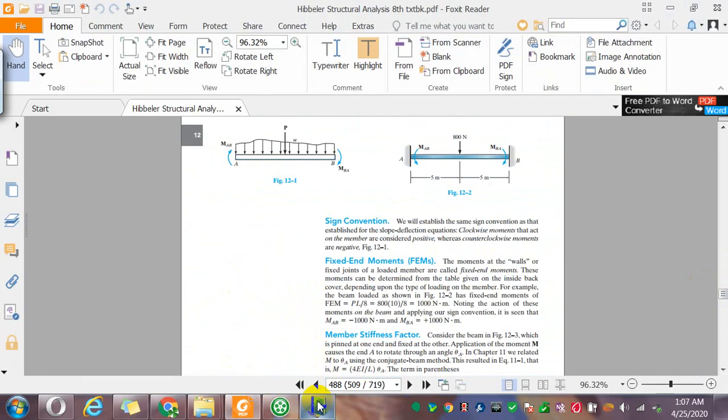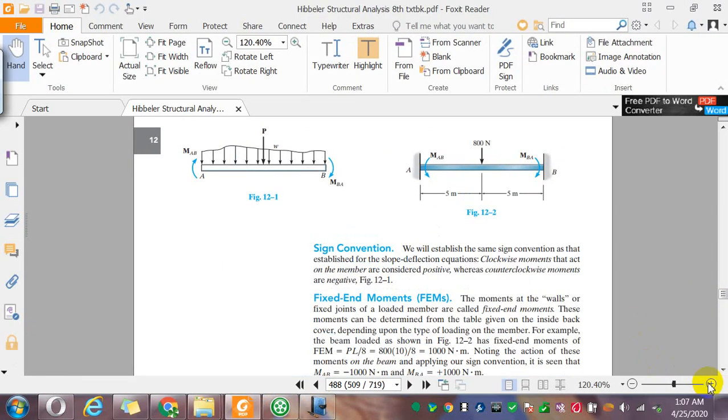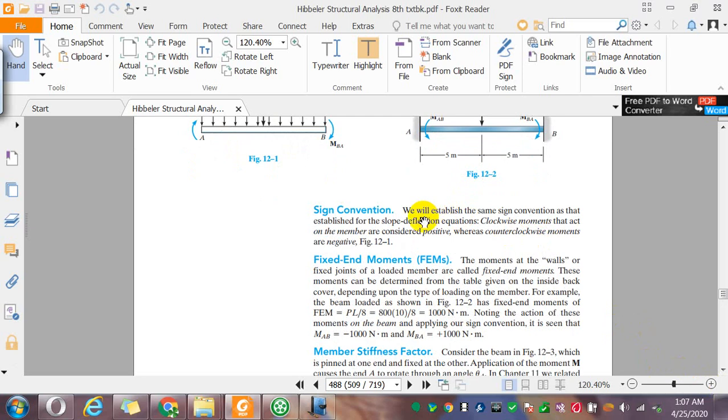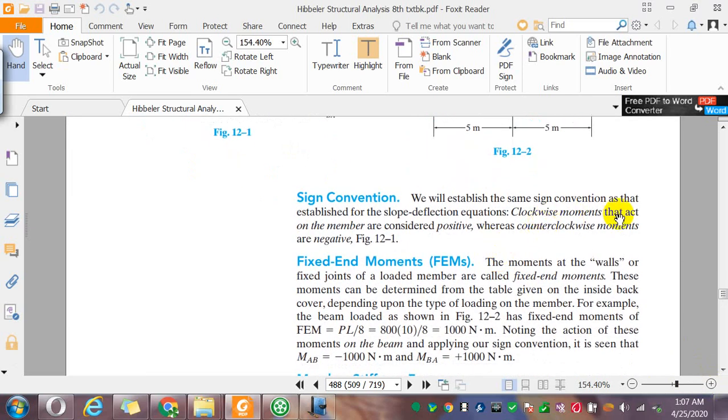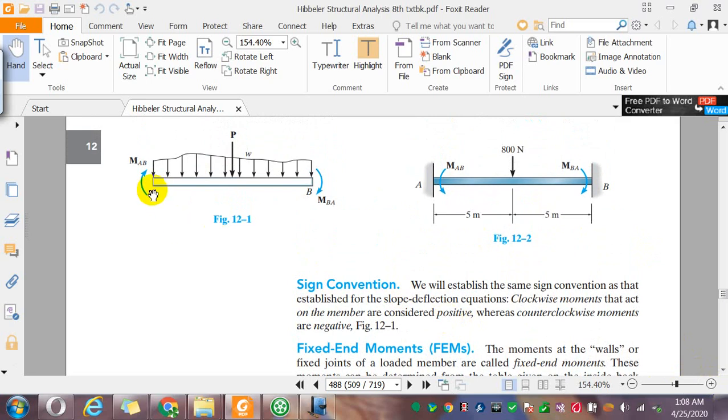One thing I want to correct here is the sign convention. Similar to the slope deflection, in slope deflection also we consider a clockwise moment that acts on the member to be positive and counterclockwise to be negative. So clockwise is positive, counterclockwise is negative.